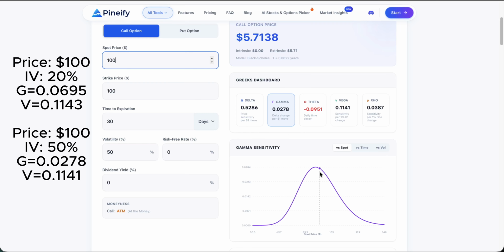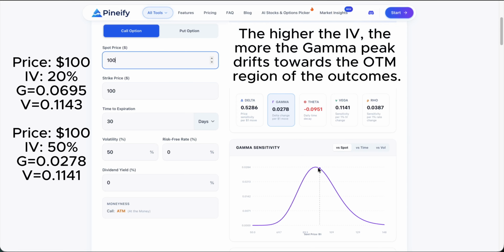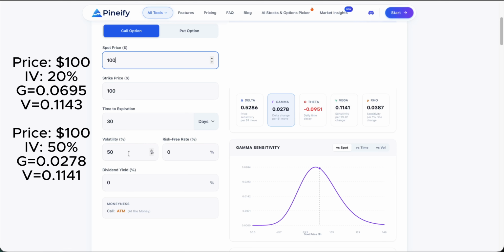And as you can see also here, the peak of the gamma is no longer at this particular spot price. The Vega hardly moved. It was 0.1144 at 10% and 0.1143 at 20%. So the Vega pretty much remained the same at its peak, but the gamma has become much lower.